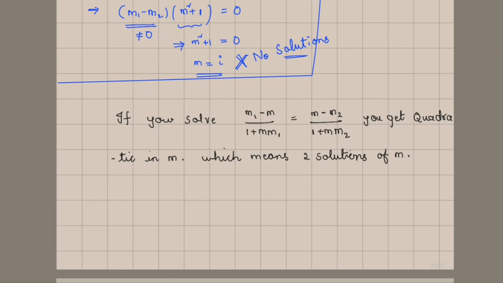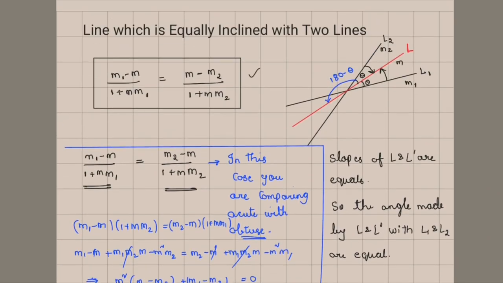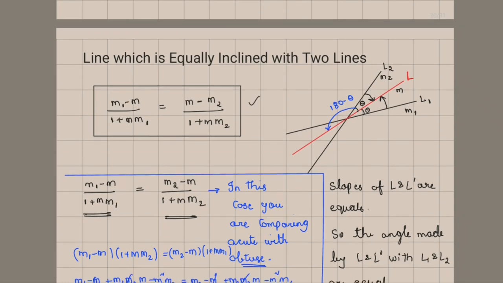So we have two solutions of m, which means there are two slopes possible such that the line is equally inclined with the two lines. Now see, what is that other line? Now if you see, this is one bisector.